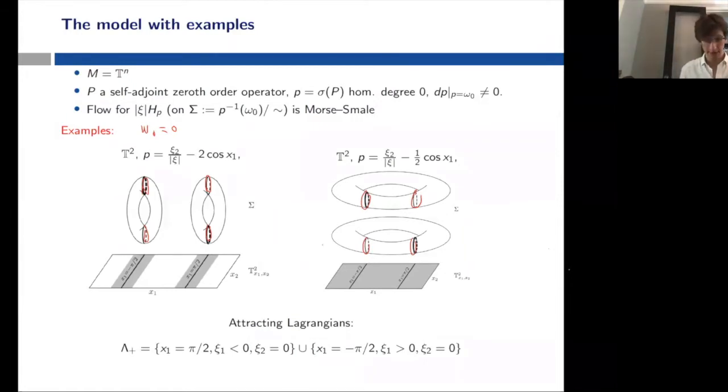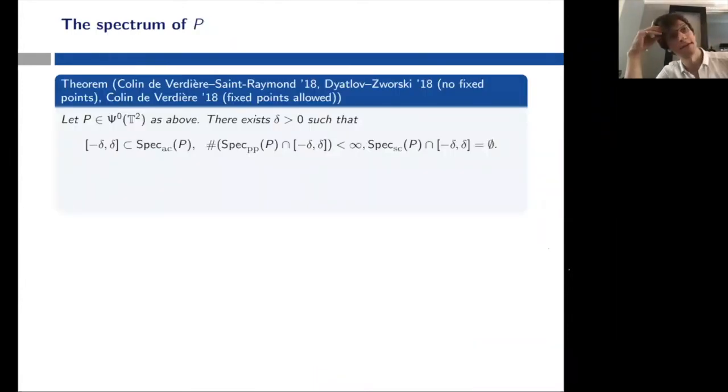Okay, and this structure turns out to have some nice consequences on the spectrum of P. So this theorem is due first to Colin de Verdiere and Saint-Raymond. Dyatlov and Zworski brought it, well, that's how I learned about it. And then Colin de Verdiere proved this if you don't assume that there are no fixed points.